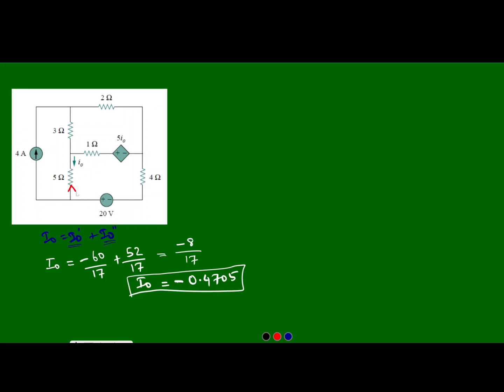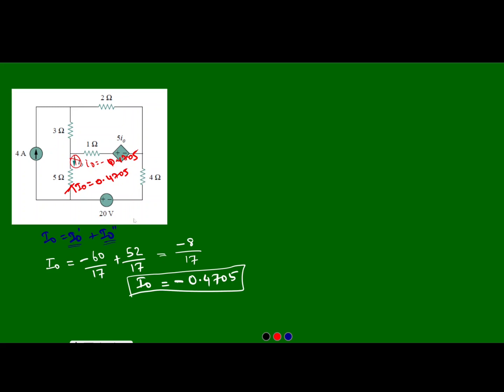The current I0, which is equal to 0.4705, will flow in upward direction, not in the downward direction. If I want to write here, I0 is equal to negative 0.4705, I can write. So this is how we can apply the superposition theorem to solve the circuit.